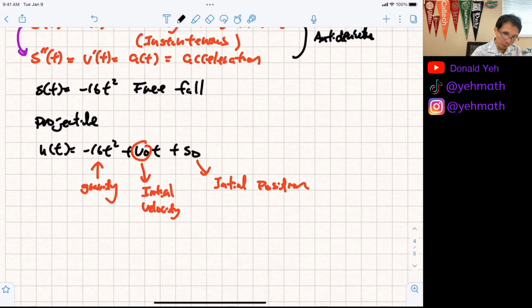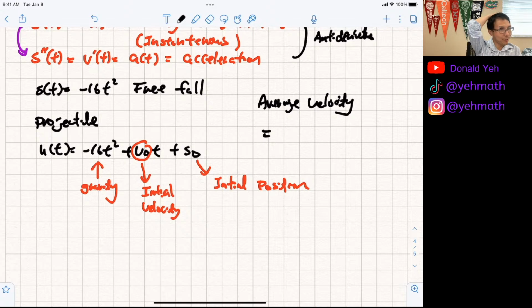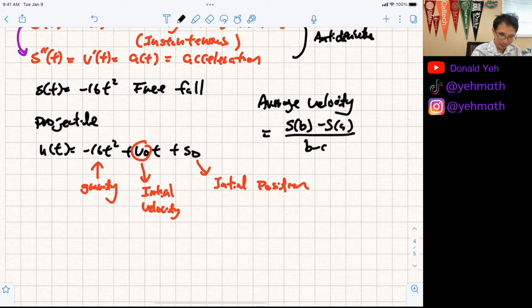So we want to talk about one more thing. What is average velocity? Average velocity, please make sure it's not the average of velocity. It's actually over the average distance. It is S of b minus S of a over b minus a.